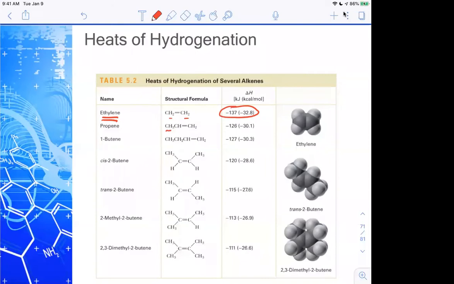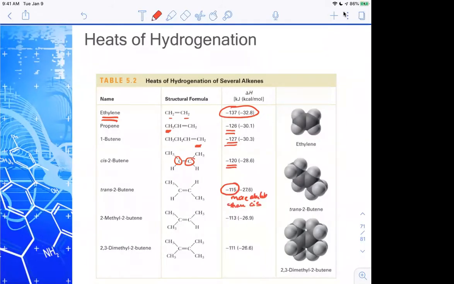If I have a substituent, notice this drops down to 126. Here I also have one substituent and it's about the same magnitude. Now I have two substituents, one on each carbon, and it drops down a little further. I have the trans, which is actually a little lower, which means the trans is more stable than cis.